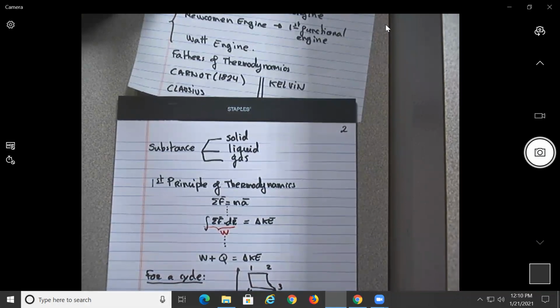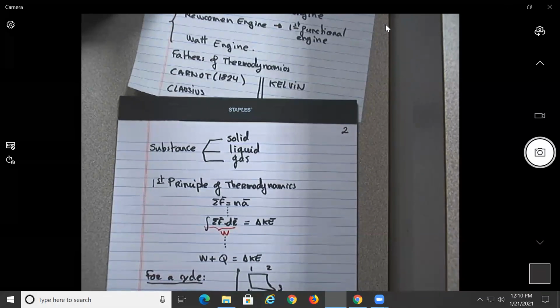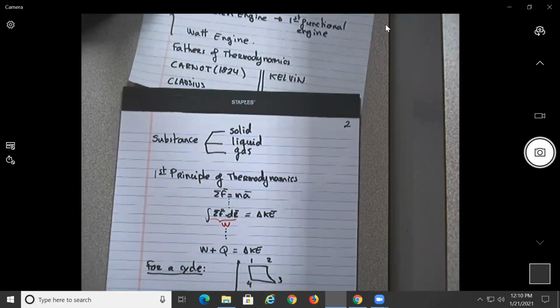So you will find that the amount of work that you can generate will be equal to the amount of heat that you can generate.